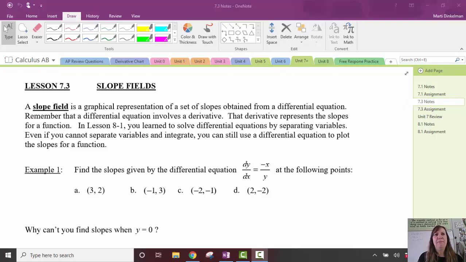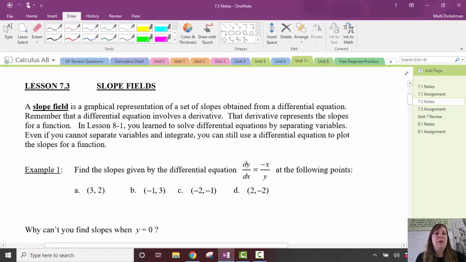Or if you're looking at a river or a stream and they have arrows so you know which way the current is going, which I'd imagine river rafting guides analyze before they go out, and that could change based on the time of year and how much water is there. So I could imagine people using slope fields in that way as well.